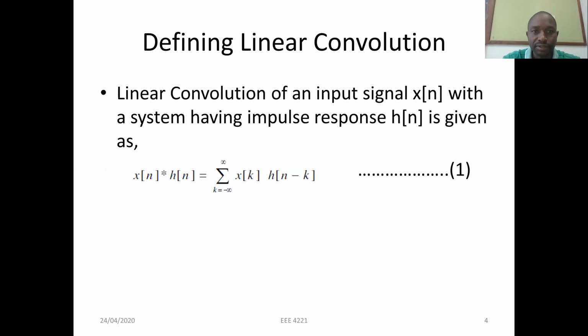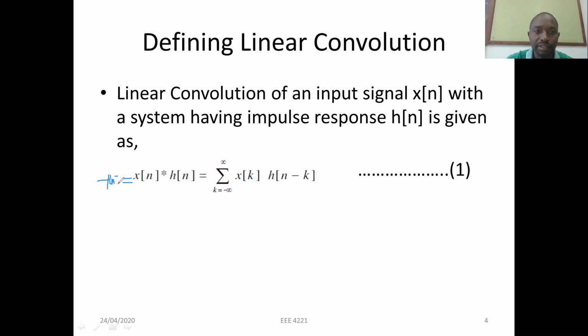Now, let's define what linear convolution is mathematically. Linear convolution is where you have two signals, x of n and h of n, interacting in a linear time invariant system to leave an output y of n. If you look at equation 1 here, you will notice that the output y of n is equal to the convolution product of x of n and h of n.